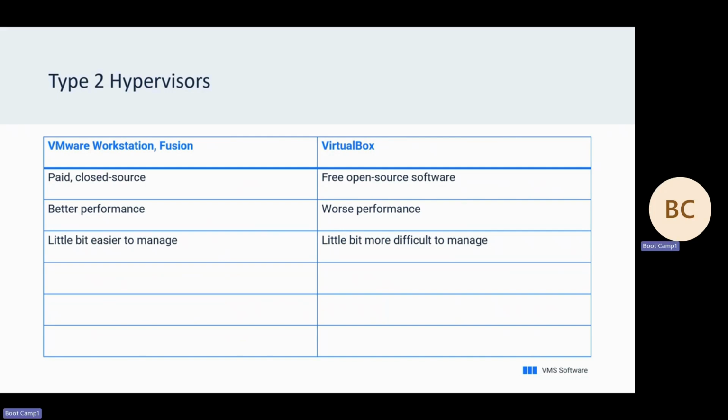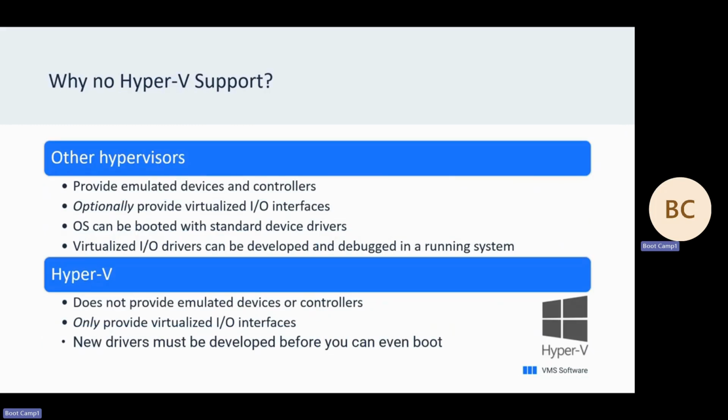So we'll get to why no Hyper-V support. There's a big difference between Hyper-V and other hypervisors. If you take almost any hypervisor, that hypervisor provides emulated devices and emulated controllers. That means that they provide a network interface that looks to the operating system running in the guest OS just like a real network card.